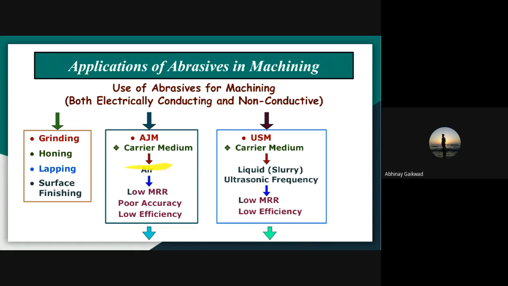So we are using air as the carrier gas in abrasive jet machining. The purpose of the carrier gas is to move or carry the abrasive particles, so I can say air is the driver for the abrasive jet.